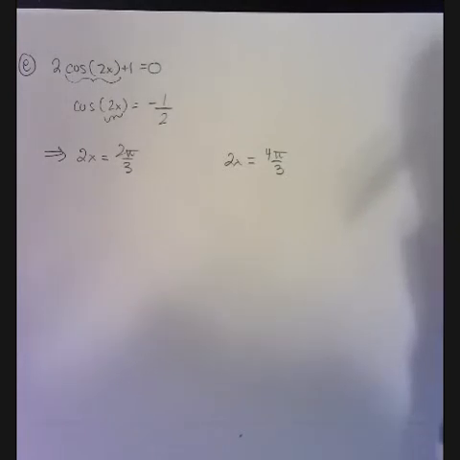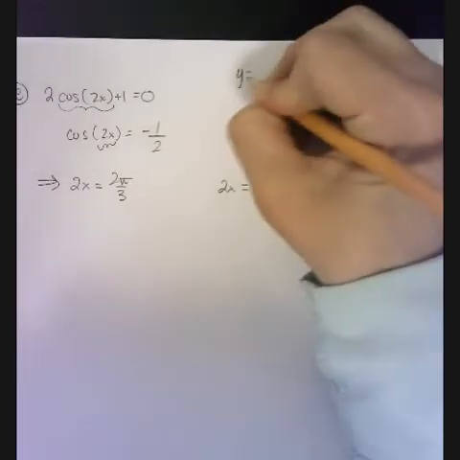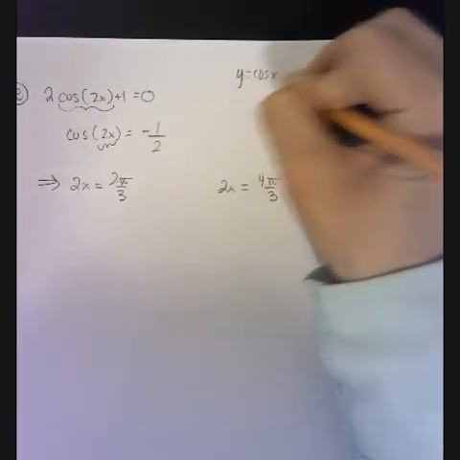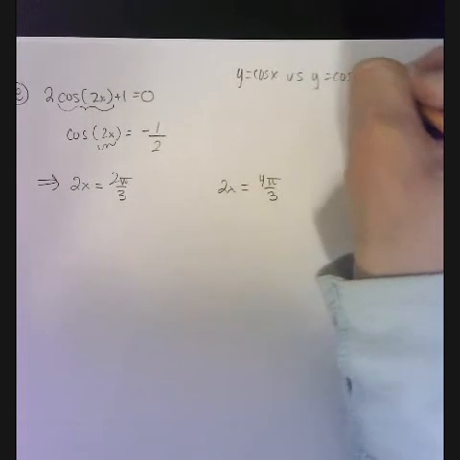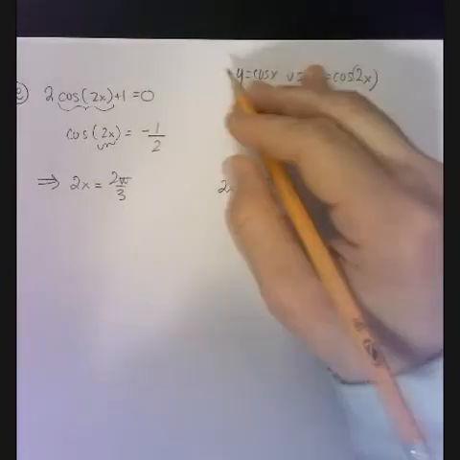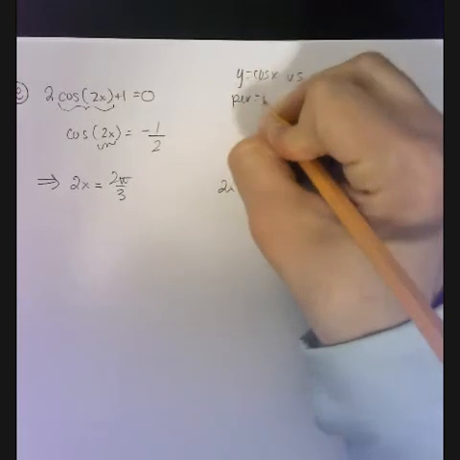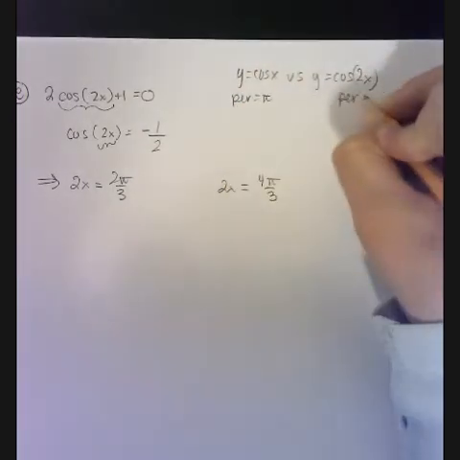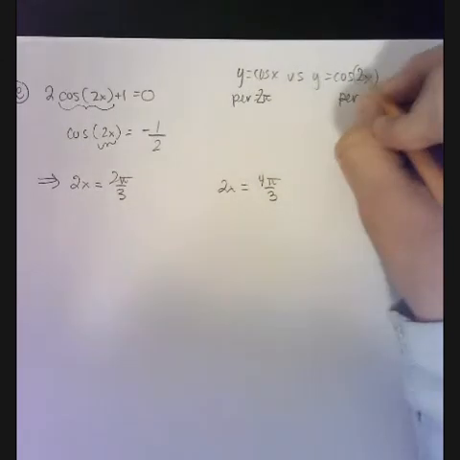This is a little tricky, but if you think about y equals cosine x versus y equals cosine of 2x, this has a period of 2 pi. This has a period of pi. I did it again. That should be 2 pi, and this is 2 pi over 2, which is pi, right?